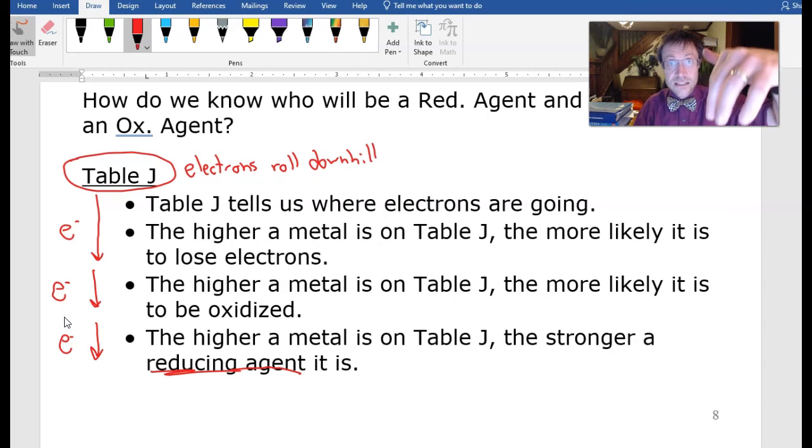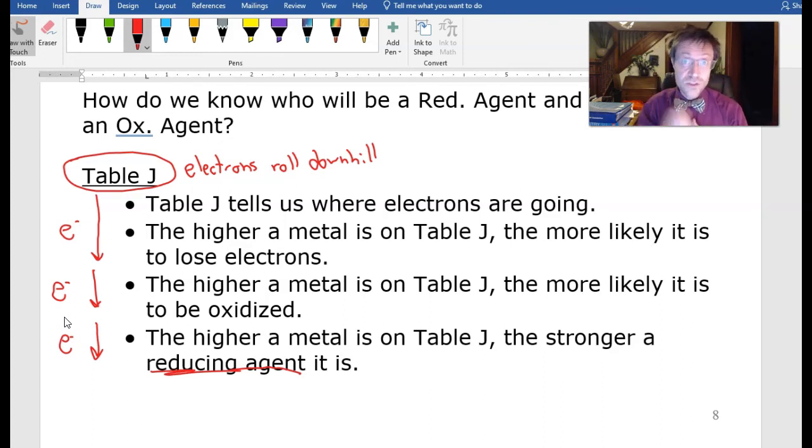It's being oxidized, and therefore it is a reducing agent because it's smashing those electrons down onto the ones below it, right? The ones below are the ones taking all the electrons. Those are the ones being reduced. And vice versa, the low ones are stronger oxidizing agents because they're more able to rip electrons off of the higher metals over there on table J.